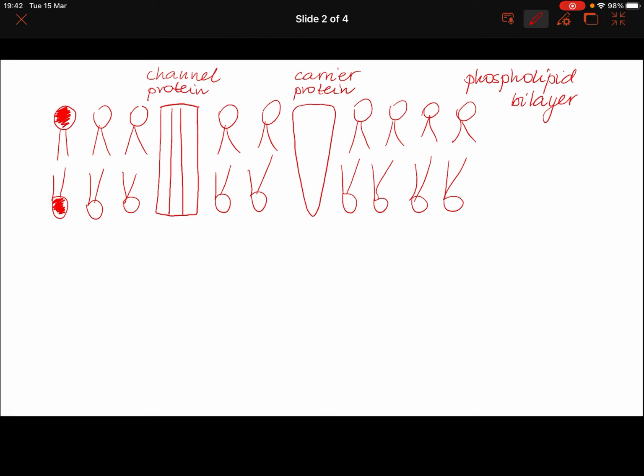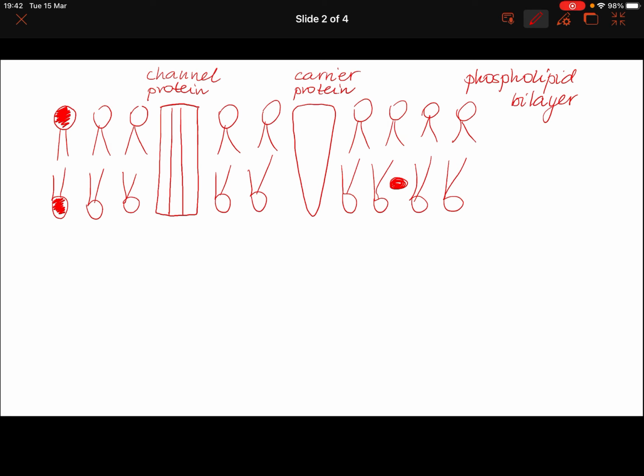We've got the carrier proteins, and also, if you remember properly the structure of the cell membrane, we can find the cholesterol, which will provide fluidity.